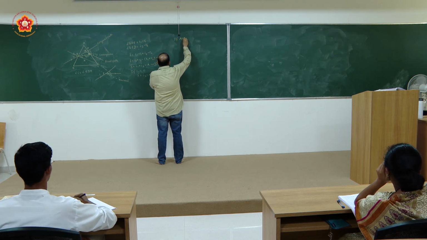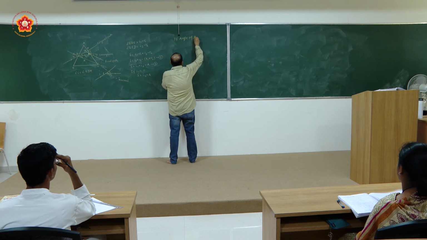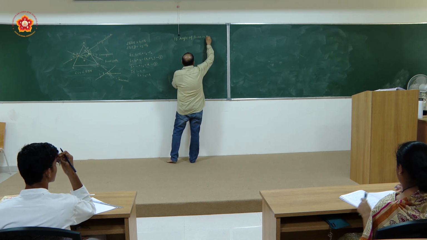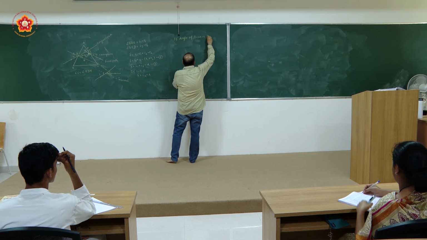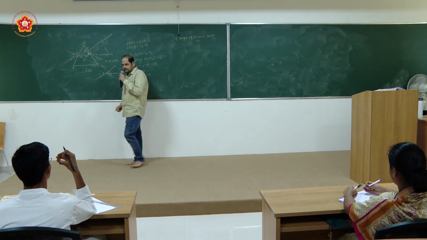If angle of prism is small, what would happen?